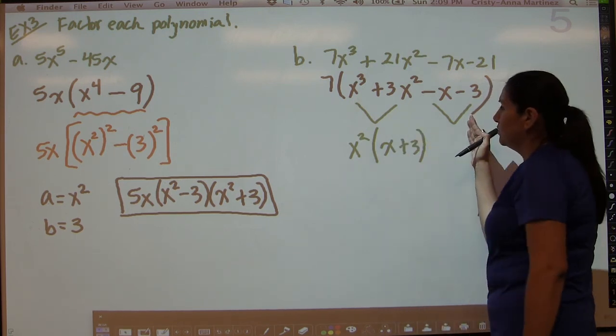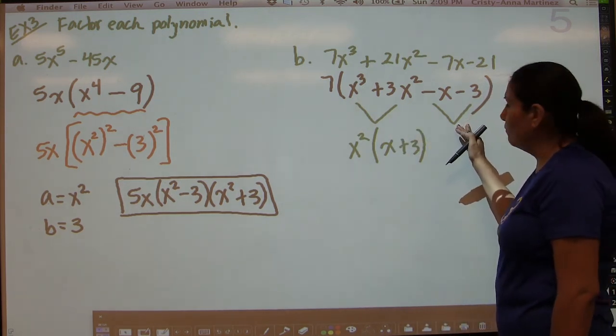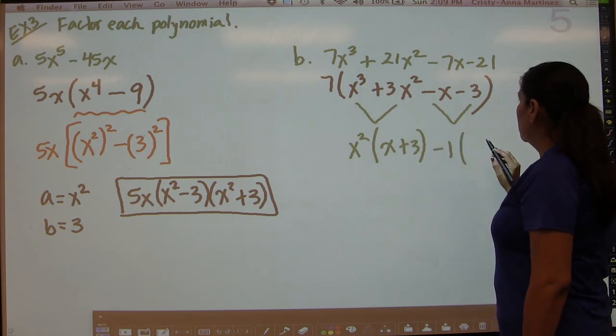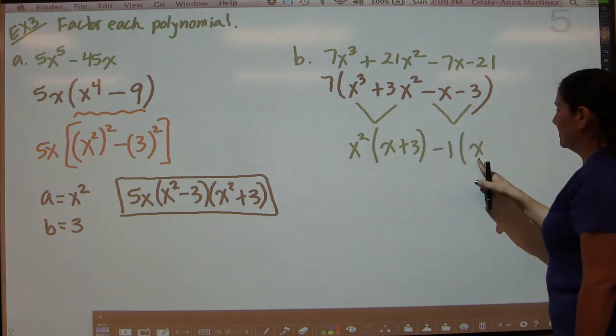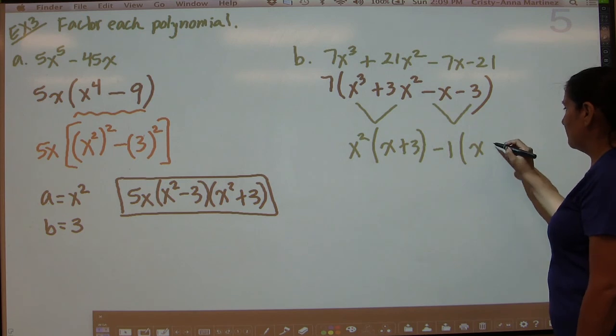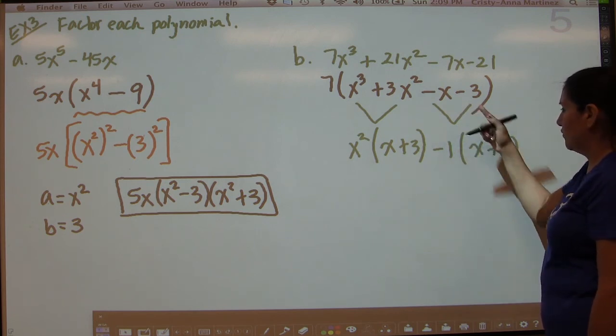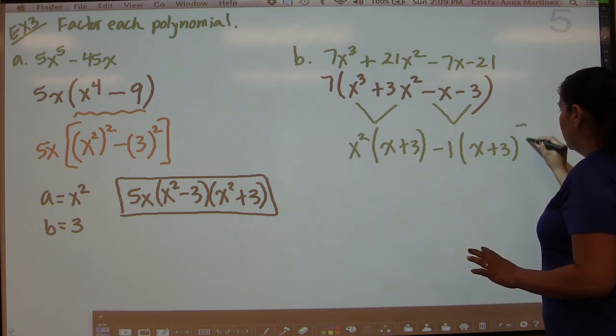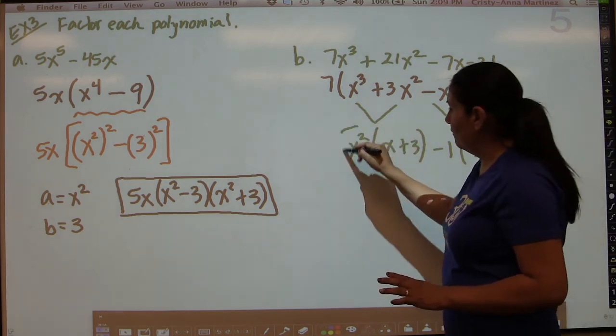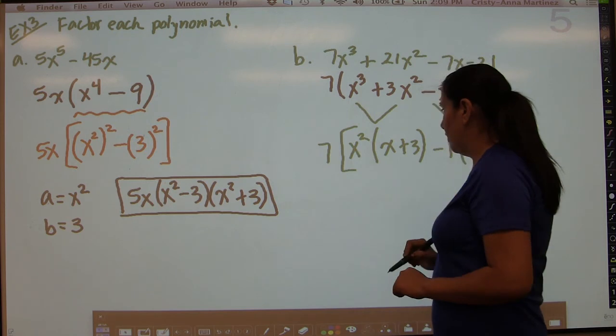In the case of the next two terms, I'm going to factor out a negative 1, which will make this an x, because negative 1 times x is negative x, and make this a positive 3, because negative 1 times positive 3 is negative 3. So all that works, and then of course I still have the 7 out there.